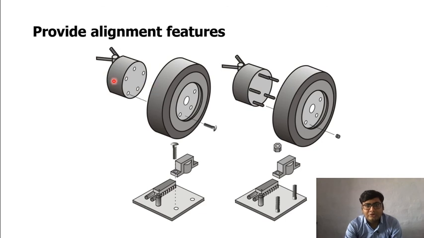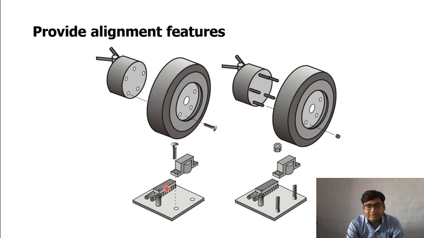Once those two holes are aligned, we need to align another two holes, and the same way. But if we provide a fastening screw here only, then we need not worry about alignment, because it will self align the entire wheel, and all we have to do is only fasten the nut from the top.